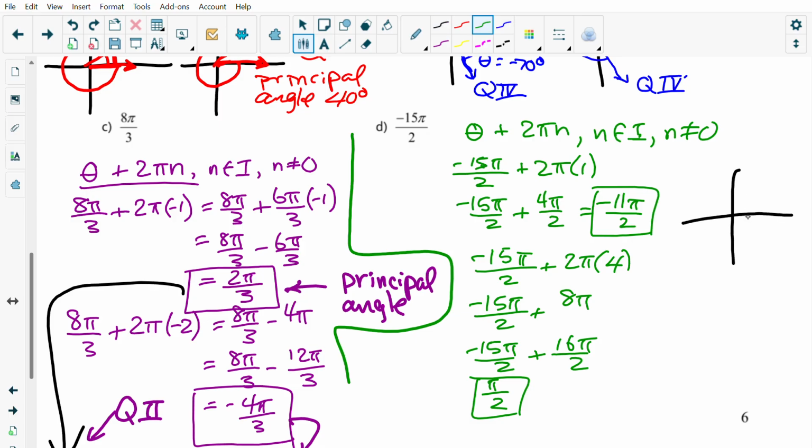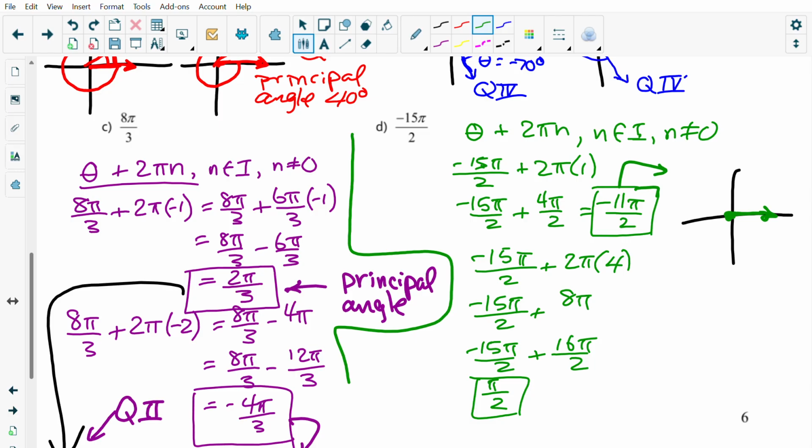Let's draw this first angle. Let's see what quadrant it ends up in. I'm going to start with my initial arm. It's a negative angle. Let's try to think in terms of units of pi radians.